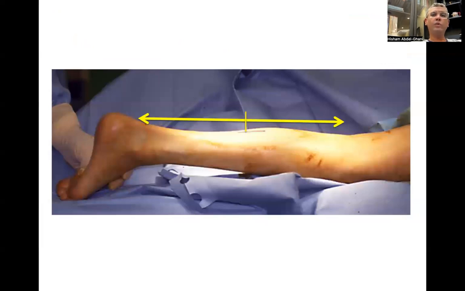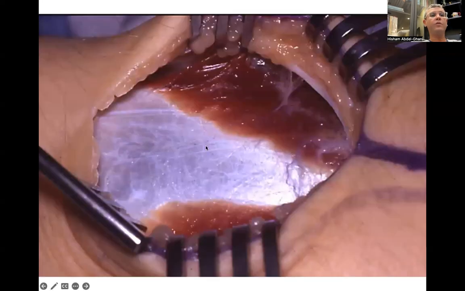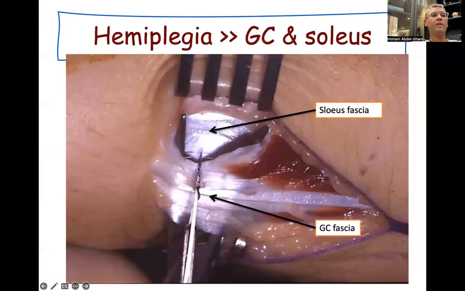If we are going to release the gastrocnemius, we palpate the muscle and find the site of the musculotendinous junction, usually at the mid calf. Then we use an incision about 3 centimeters, expose the aponeurosis of the plantar flexors, and then do the release.